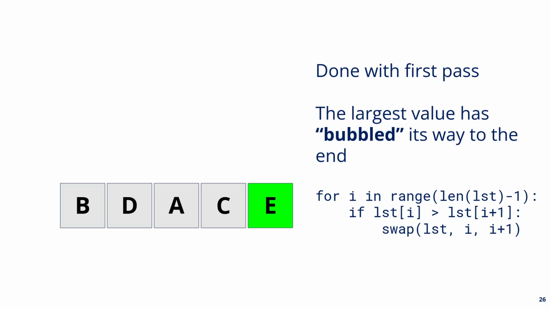We'll assume that it swaps the elements at index I and I plus 1, the value with the one that follows it. So this is what I'm referring to as the bubble function, that it's moving the largest element all the way to the right.